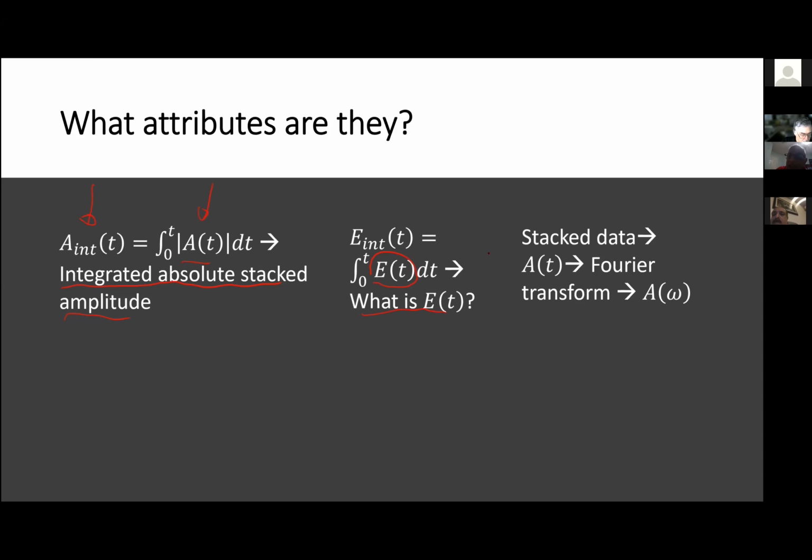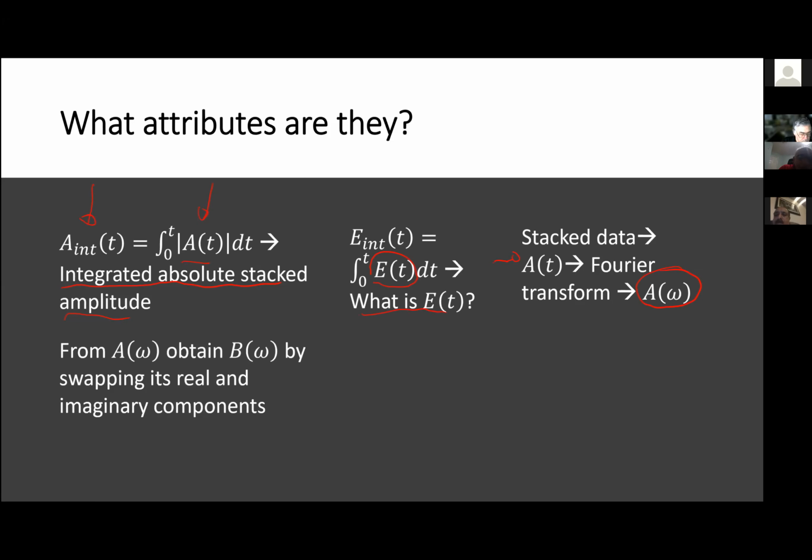I take the stack data, Fourier transform it, and get its frequency domain. In the frequency domain, I interchange the real and imaginary components and calculate a new attribute called B of omega. So if the component of A of omega is A plus iB, the corresponding component is B plus iA.